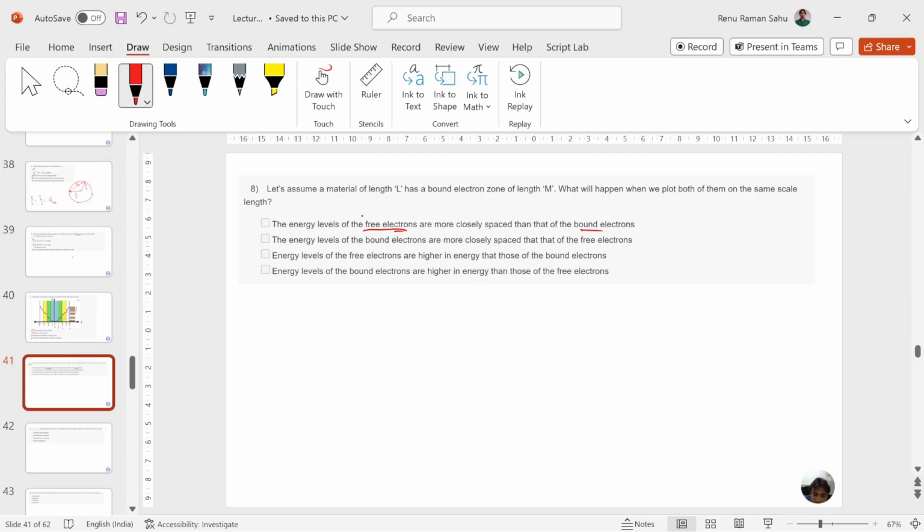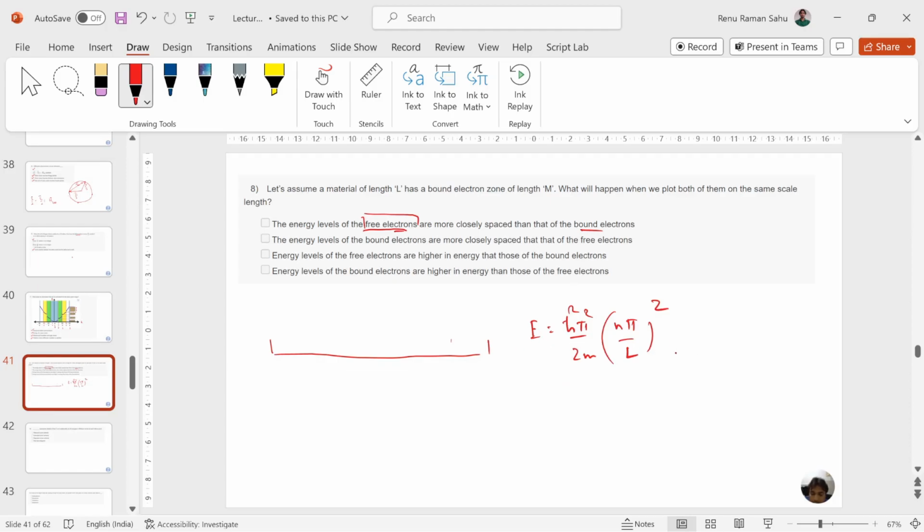The energy levels of the free electrons. Free electrons means they are more free, they have a larger area to move around. But when will the levels be closely spaced? The energy levels are E equal to h bar square pi square by 2m, times n pi by L whole square.